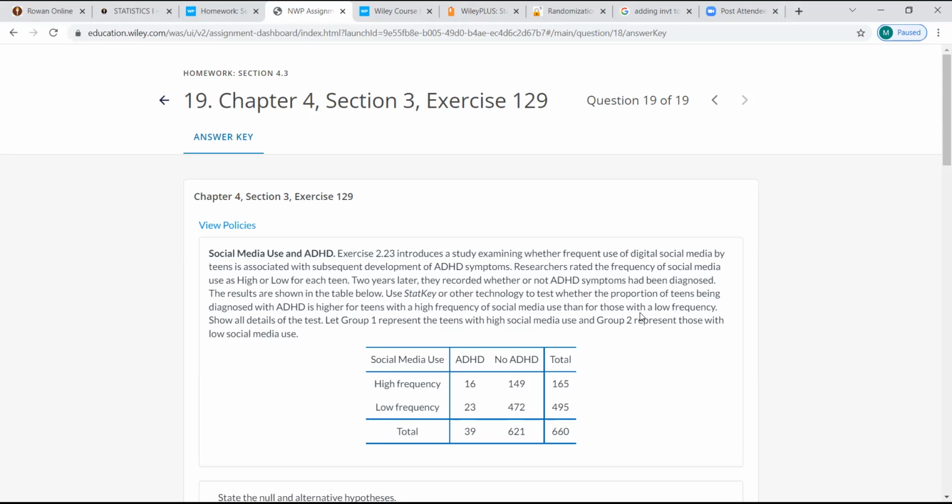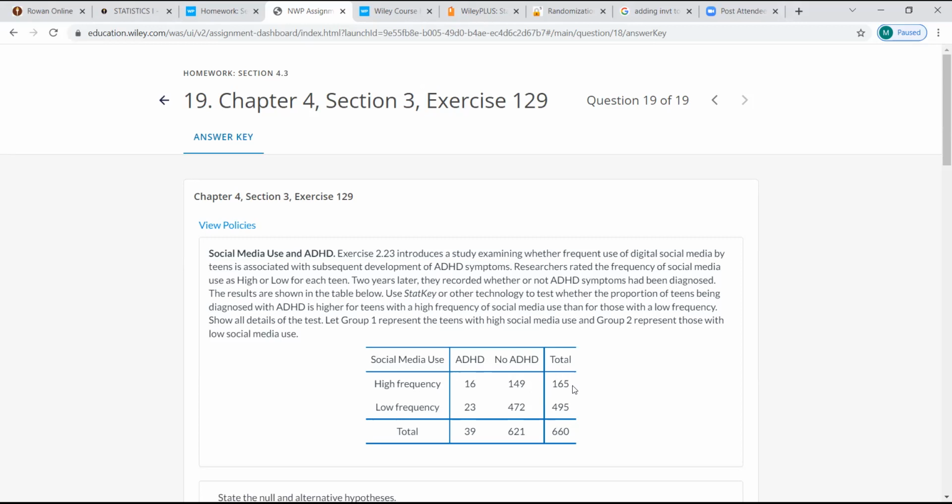So what are the sample proportions here? It could be a little confusing. For the high frequency social media use, how do you find that proportion? Well, it's the high frequency group that we're looking at. High frequency is this line here.